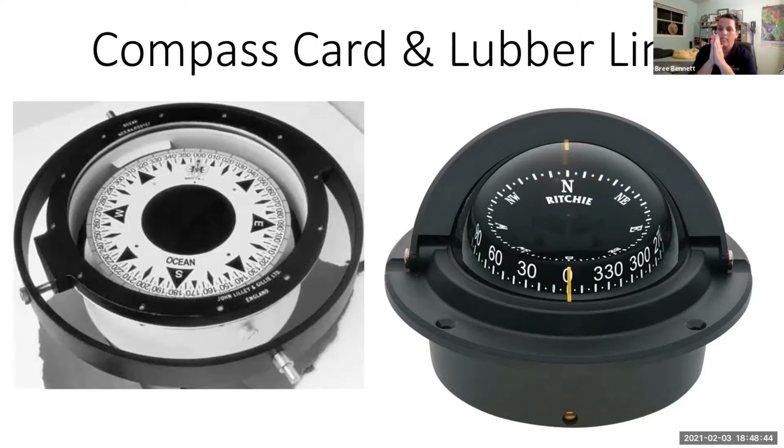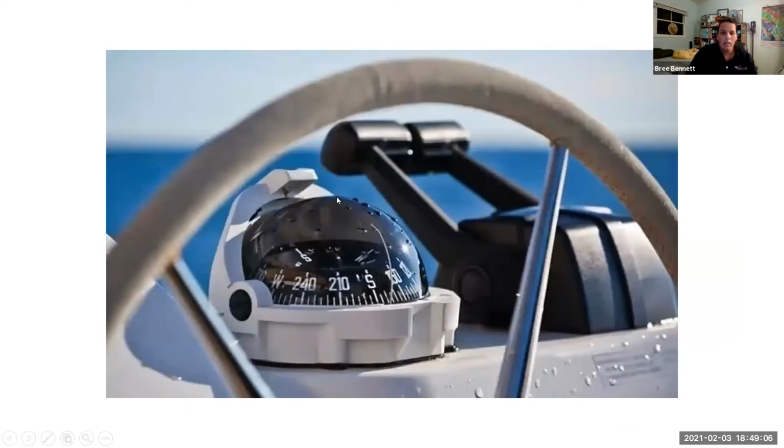So if you were to draw a line through, bow to stern, through the center line of the vessel, the lubber line is going to be, even if it's not on the center line, offset and parallel to that. So it's kind of pointing ahead. Here's another picture of the lubber line with the floating card. They can look different on each vessel.